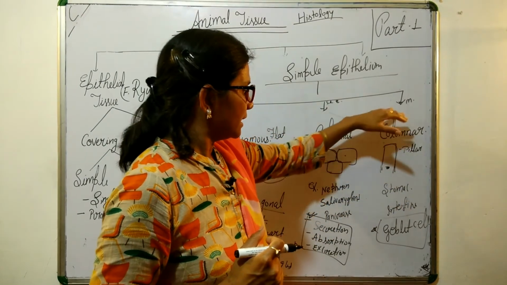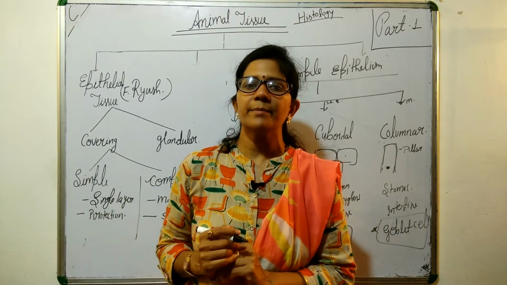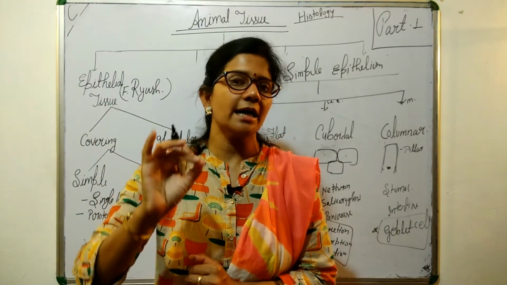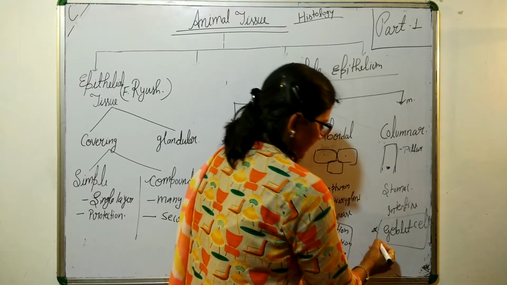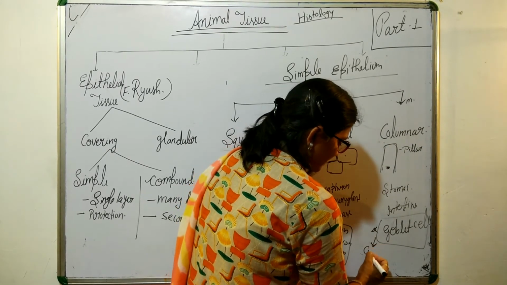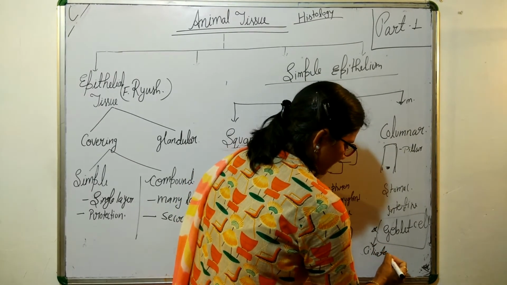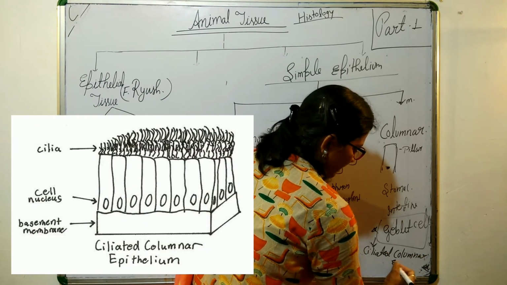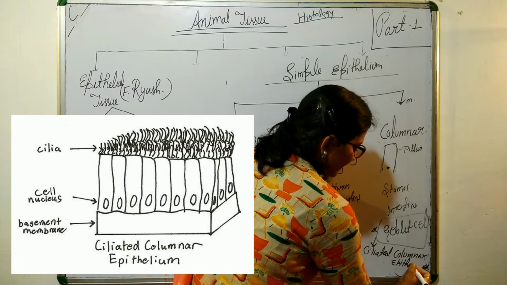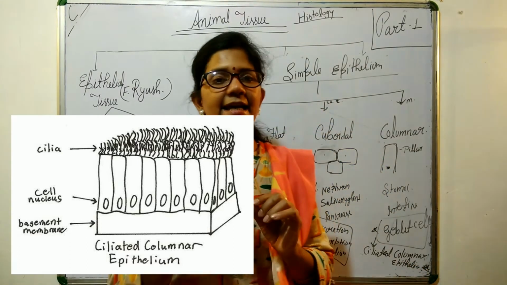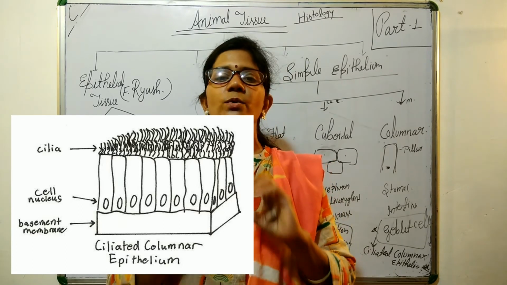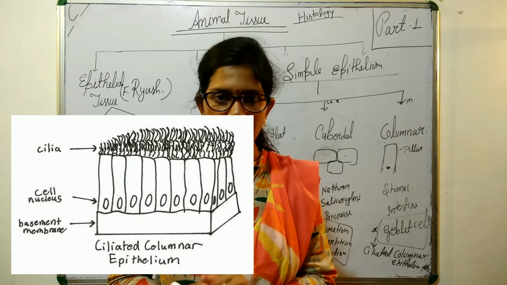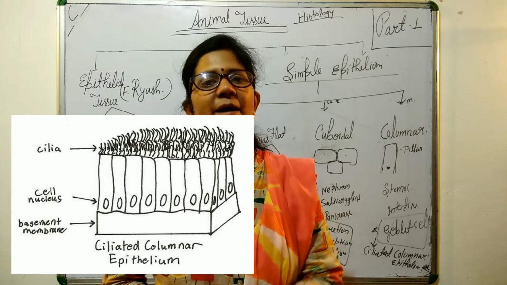And if the columnar epithelial tissue has the modification of cilia, then we will call it ciliated columnar epithelium. In these ciliated columnar epithelial cells, there is an extension of the cell which is known as cilia. These cilia help in movement of the particles.